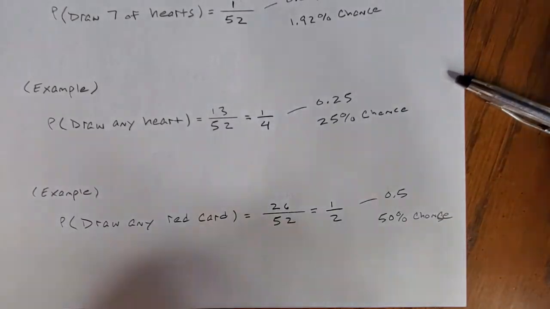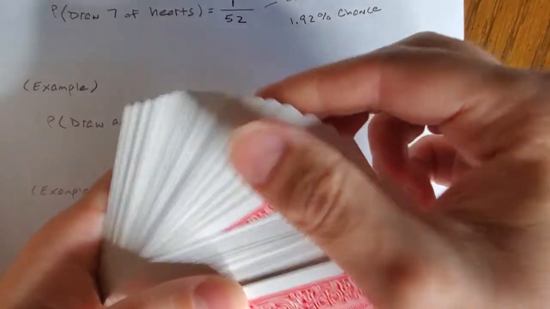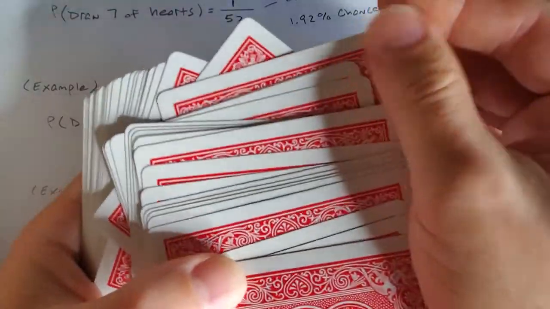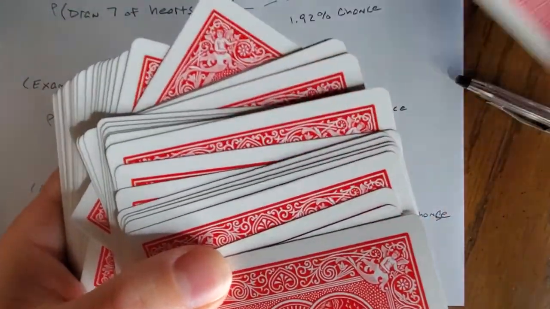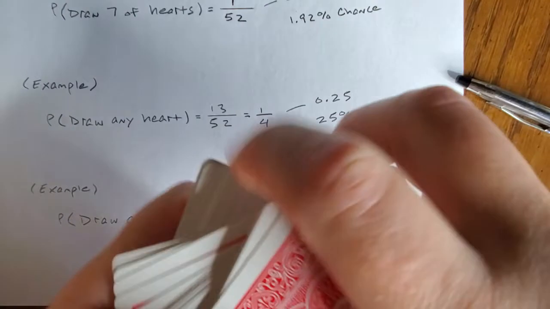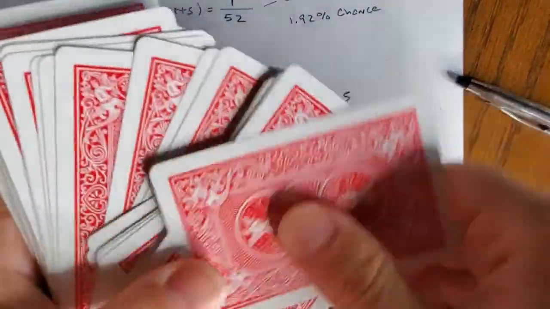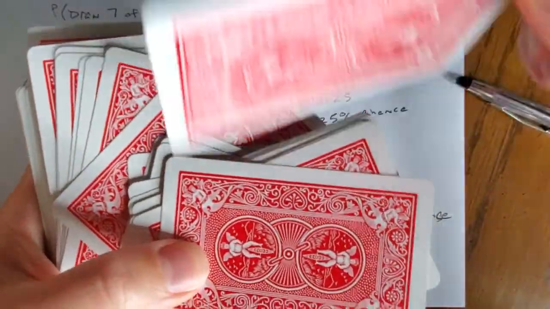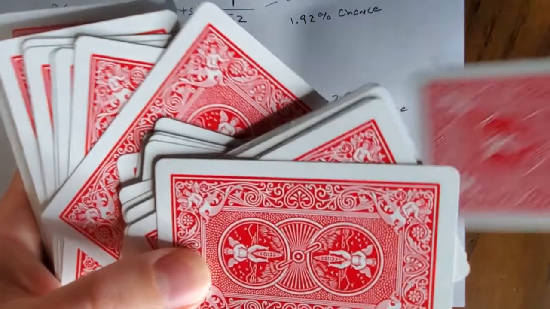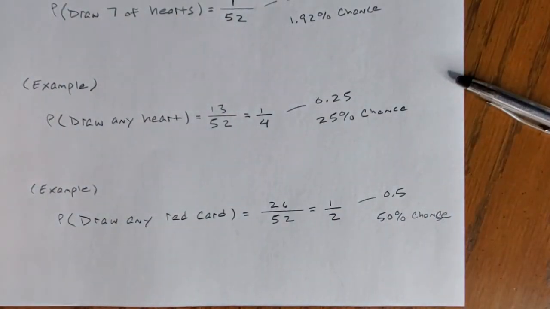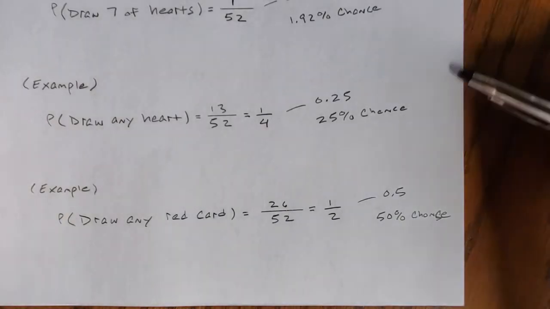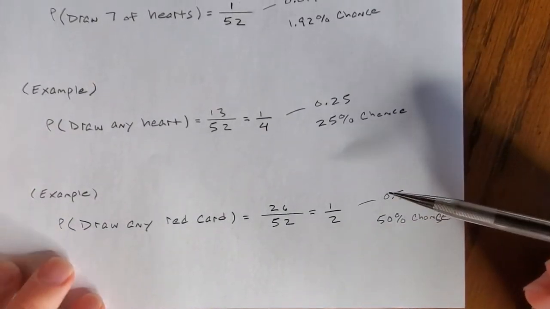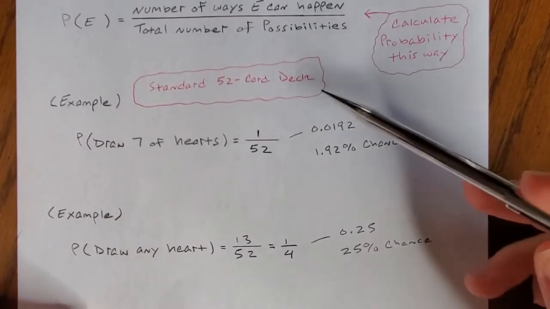This still wouldn't prove anything, but I had a 50% chance of not drawing a red card. The first one wasn't, the second one was, 50-50. Anyway, there is our basic definition illustrated with a deck of cards.